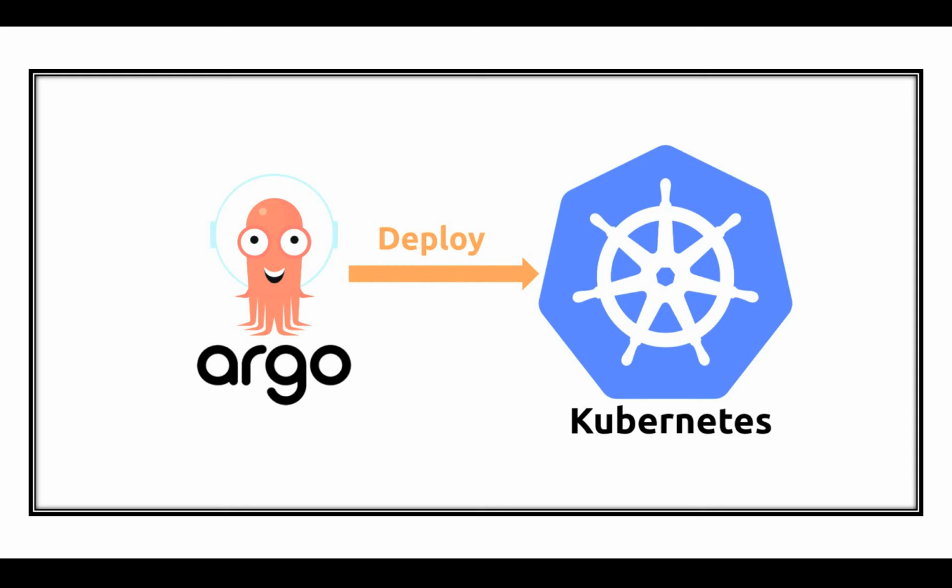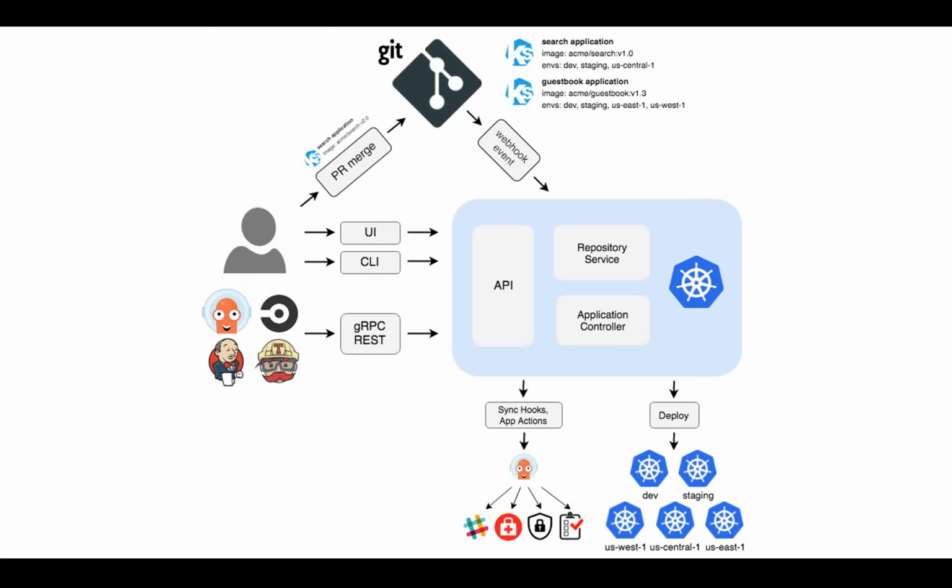We will make use of Argo CD and see how this application gets deployed into your Kubernetes cluster. We also saw this diagram in our previous tutorial, where you have Git repositories with your application and different versions. You merge your changes into your Git repository.